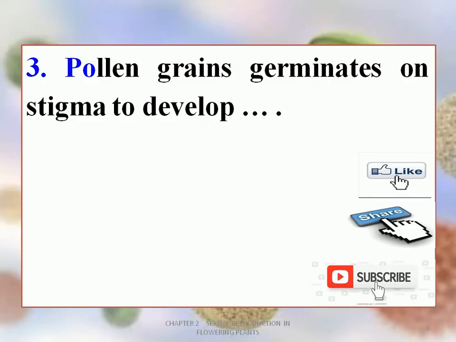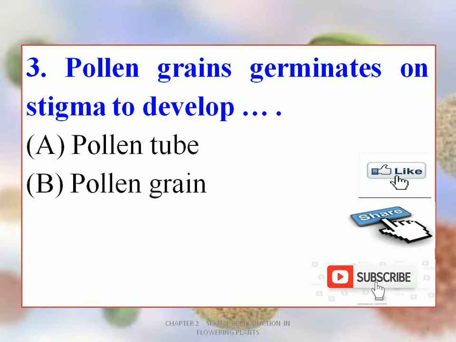Let's see the third MCQ. Pollen grains germinates on the stigma to develop dash. See the options. A. Pollen tube. B. Pollen grain. C. Pollen.